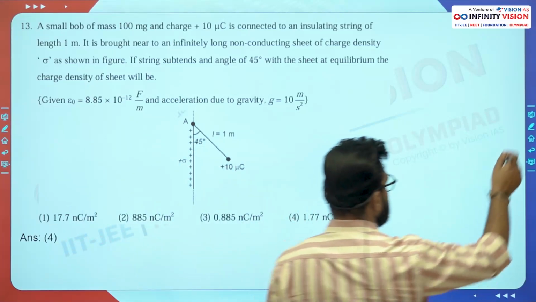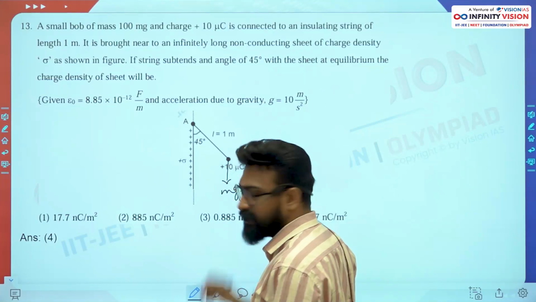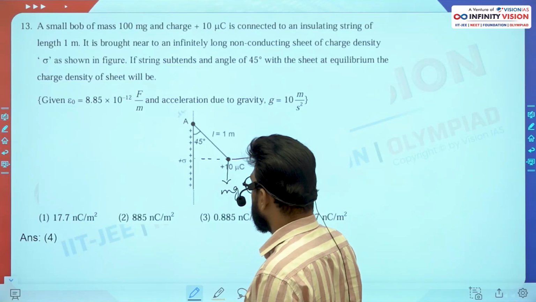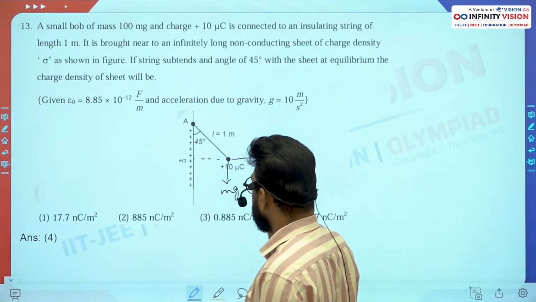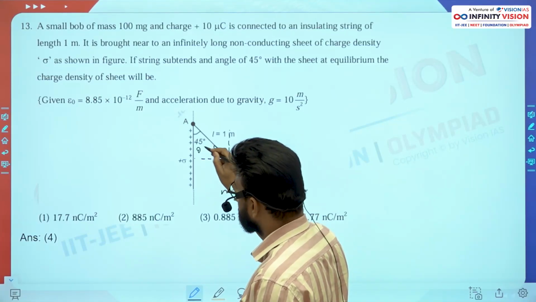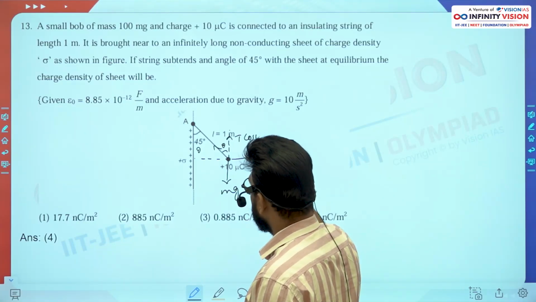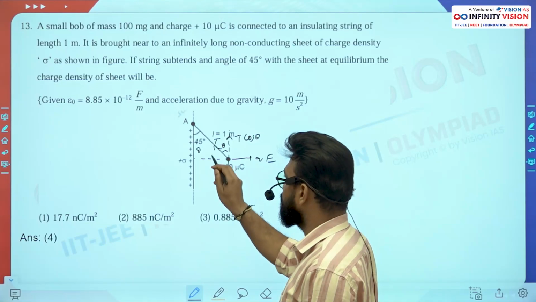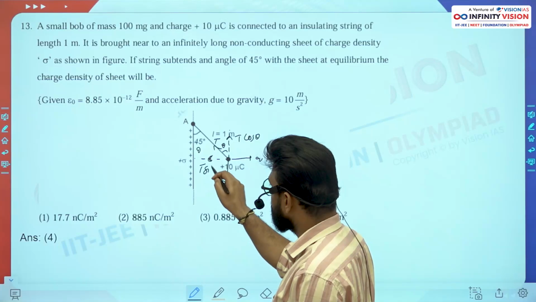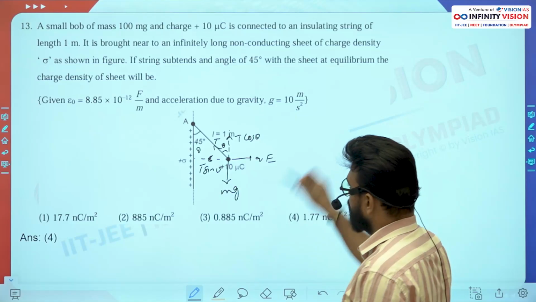So at the equilibrium position, weight will act in the downward direction. Electrostatic force QE, because of the sheet, will be acting in this particular direction. The tension in the string is T, let this angle be theta, this angle would also be theta. So T cos theta will balance the weight, and the T sin theta component of the string will balance QE.